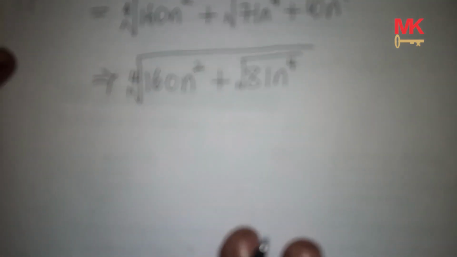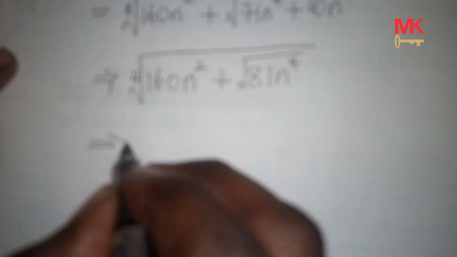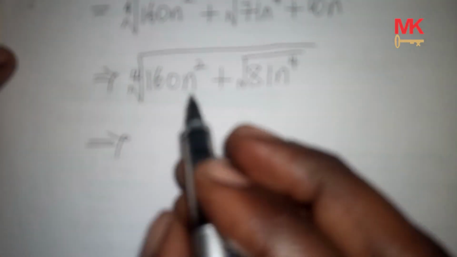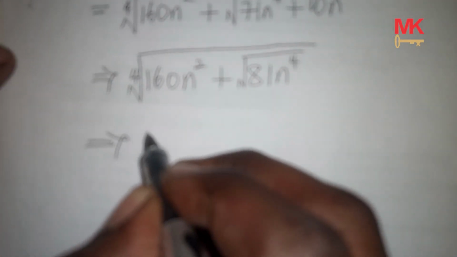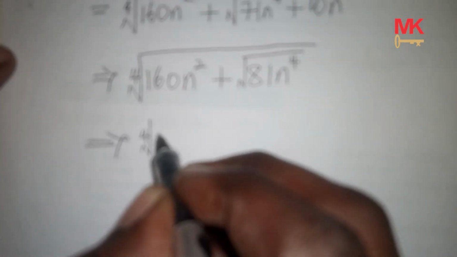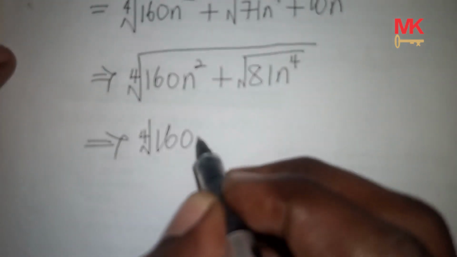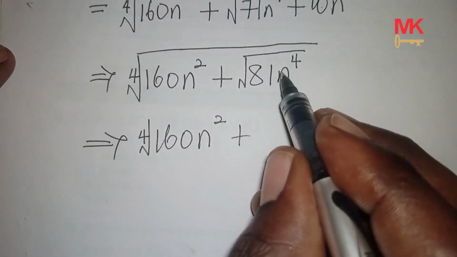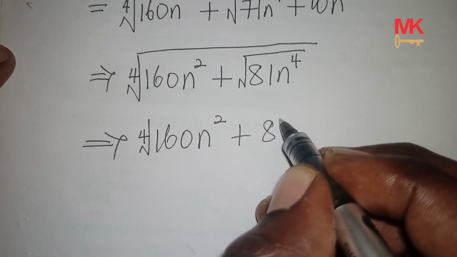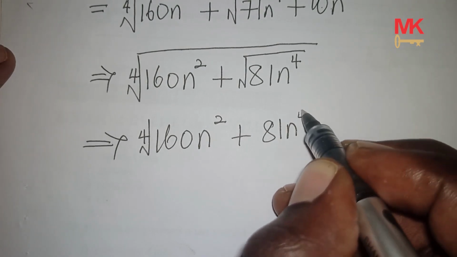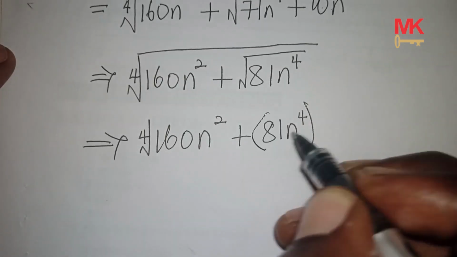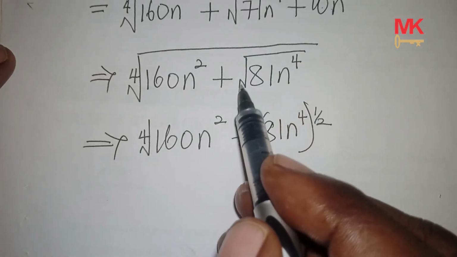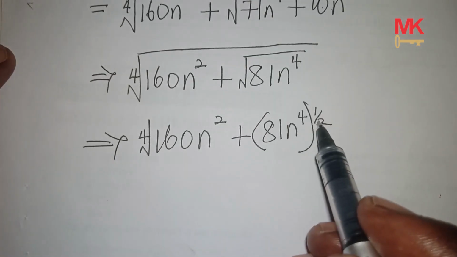So from here, we'll now have the fourth root of 160n squared plus, we'll repeat the same thing we did that time. So this becomes 81n raised to power 4, all raised to power half. What have we done here? We have changed this square root you see here to power half again.